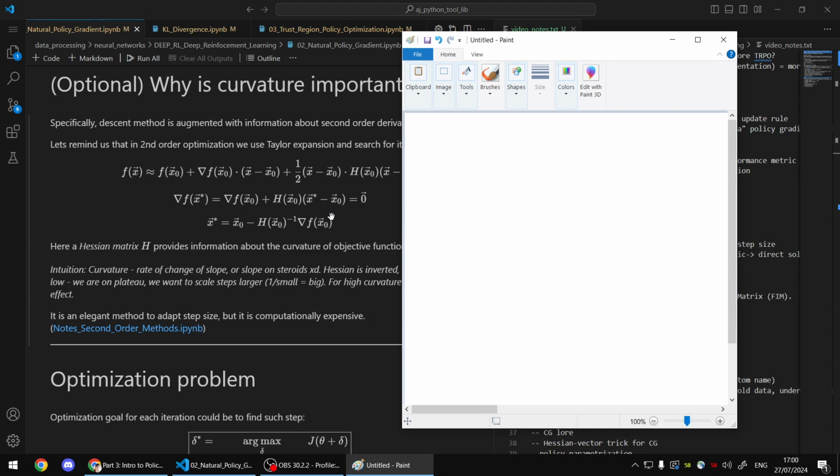You can imagine that when you have high curvature, the relation is inverse. When you invert the curvature, you say that when the curvature is high, the step size must be small, right? And that is exactly what we expect.